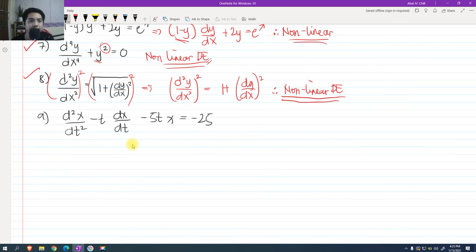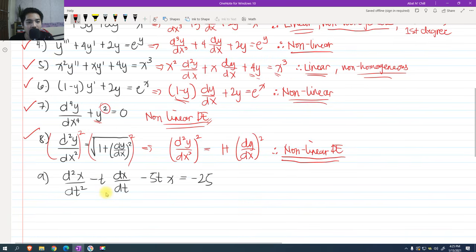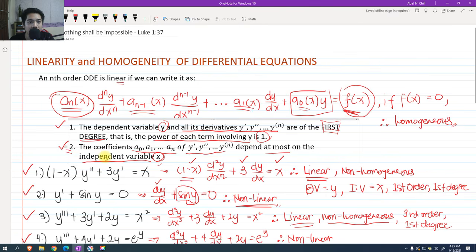So what do you think? Again, we can still use the formula above, but this time our dependent variable is x and our independent variable is now t. So we can imagine that this is x and this is t.